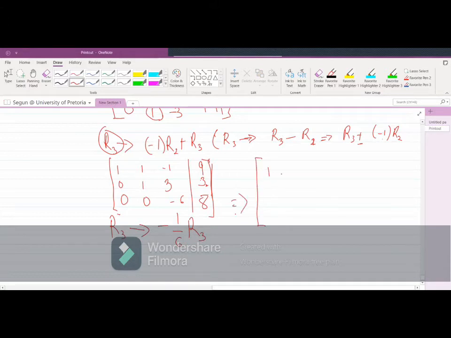It's going to be 0, 0, 1. Remember, at this point now, you have minus 1 all over 6 multiplied by minus 6. This one cancels this. You have 1.